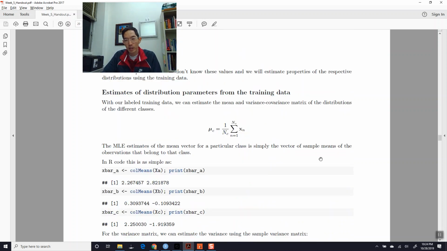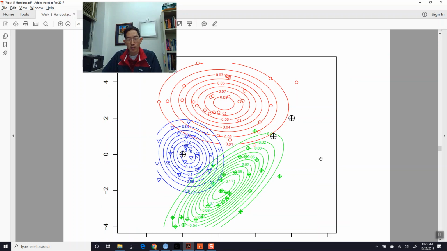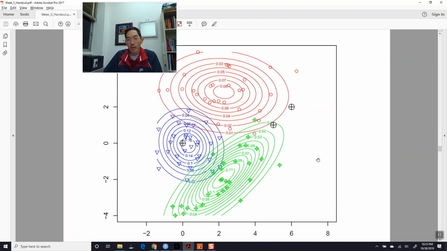We're always dealing with data, and we don't know the properties of the population, and so we estimate them. We estimate them using our sample of data, its means, and its variance covariances, and this is what we have. All right, so it's not centered at 0, 0. It's a little bit off. Okay, and we're estimating a little bit of covariance, not a ton, for the red and the blue.